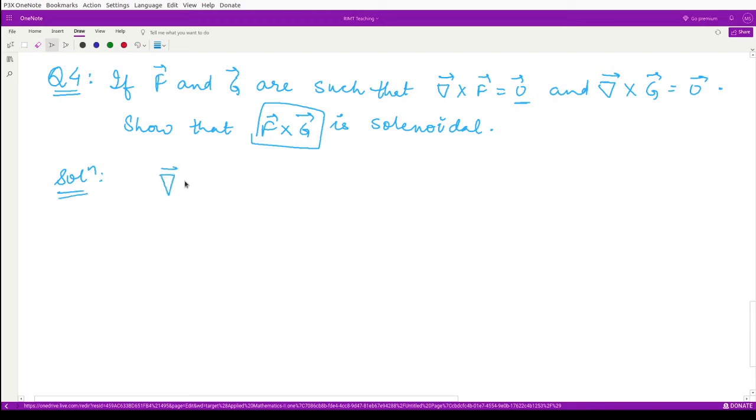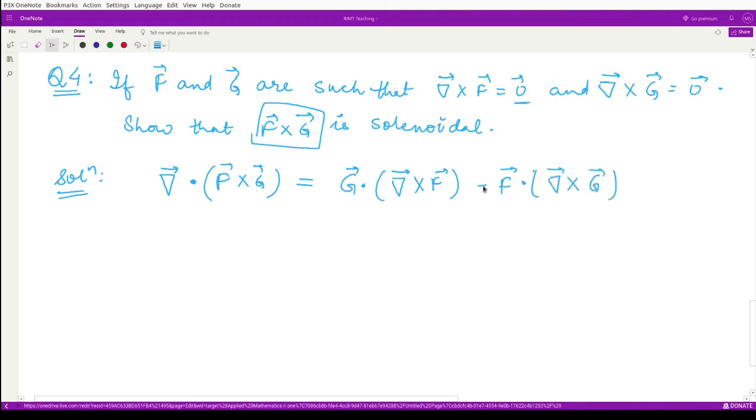So for that we'll compute the divergence of the vector F cross the vector G. So we'll obtain the dot product of the del operator with vector F cross vector G. Now this quantity is equal to, using the identity on vector operations of divergence and curl, vector G dot the curl of vector F, and then minus vector F dot del cross vector G.